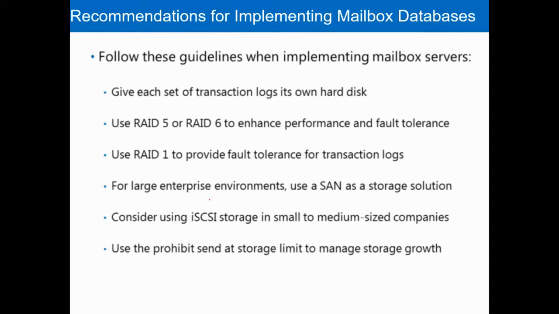Recommendations for implementing mailbox databases: follow these guidelines when implementing Mailbox servers. Give each set of transaction logs its own hard disk. Use RAID 5 or RAID 6 to enhance performance and fault tolerance. As we said before, RAID 5 is striping with parity, and RAID 6 is striping with double parity.